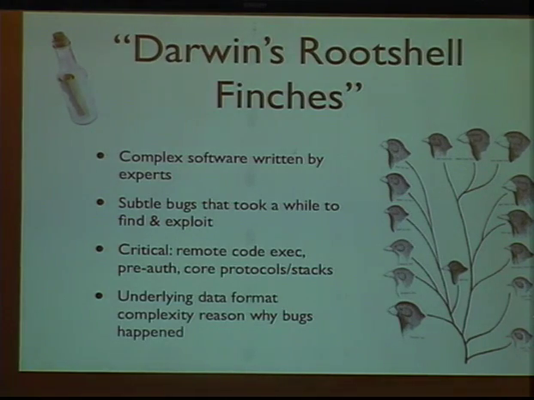And in each of those cases, we see that a mistake was sort of inevitable because the underlying data format was actually hard to parse. It required much context in order to parse it. And at some point, that context was lost, and an assumption was taken, and that led to pwnage.